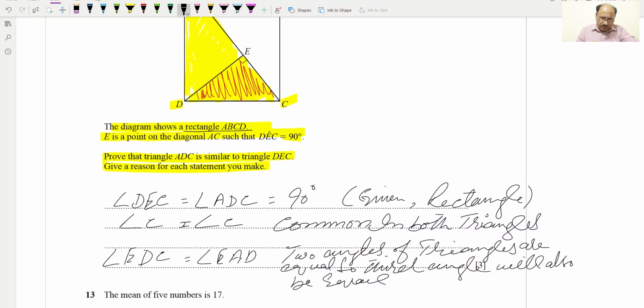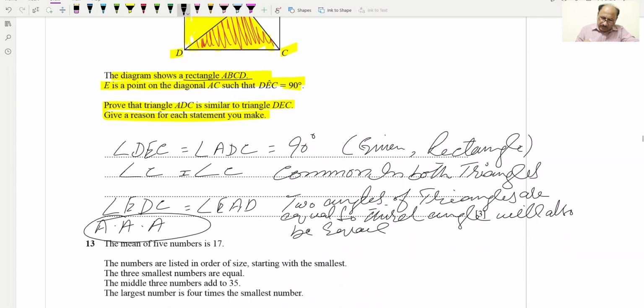So this is what we have done. Now by the angle postulate, we can say that triangle ADC is similar to triangle DEC, and this will be our final answer.